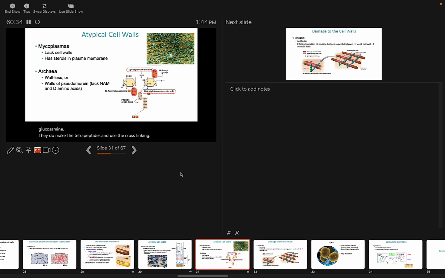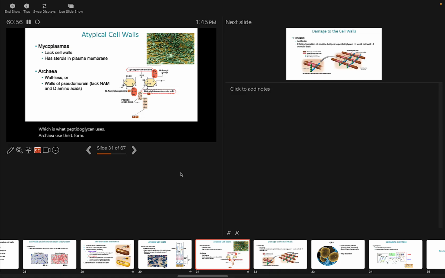They don't use the NAM. They use this one instead. So they use a different carbohydrate. So one different carbohydrate. And instead of the D form of amino acids, which is what peptidoglycan uses, archaea use the L form.